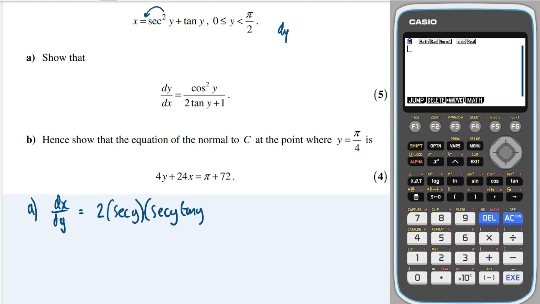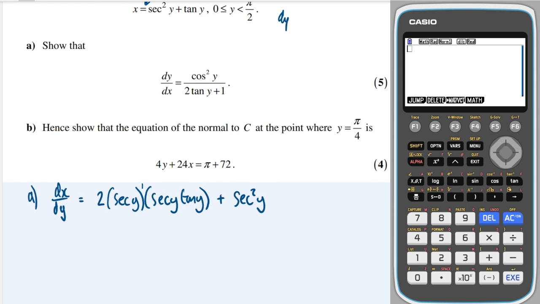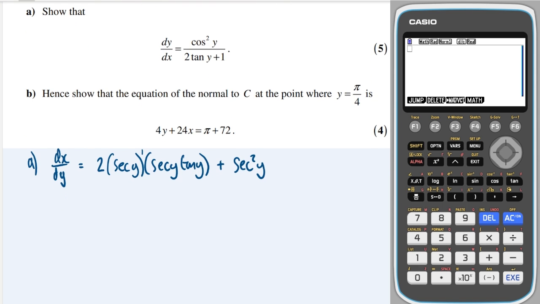that derivative. Okay, so the power comes down, you leave the bracket alone, you drop the power down by 1, and you multiply by the derivative of the bracket. And the derivative of tan is sec squared. Okay, great. So this now becomes, well, you've got a sec squared here.